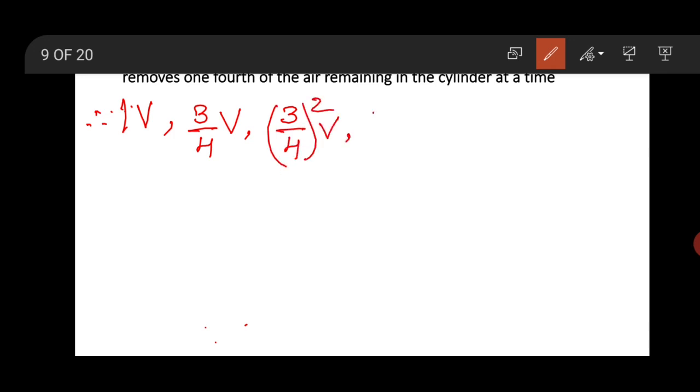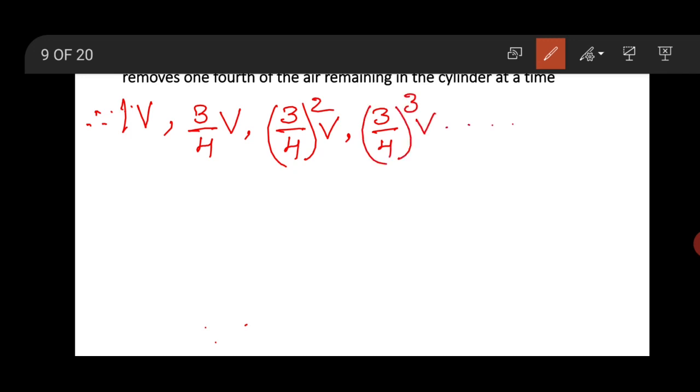So the numbers are in this way: one volume, then 3/4 volume, next (3/4) squared volume, next (3/4) cubed volume, like that.